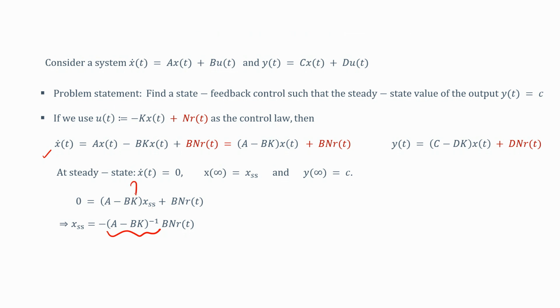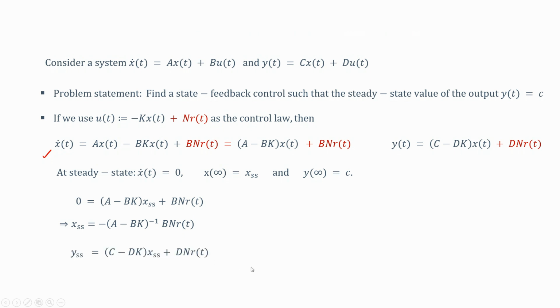Yes, I can, because I have chosen a k such that the eigenvalues are on the left half of the complex plane. I can always choose this k so that a minus bk is invertible. If you choose a k such that a minus bk is not invertible, then we will have a problem. But in this case, we are choosing a k where a minus bk is invertible.